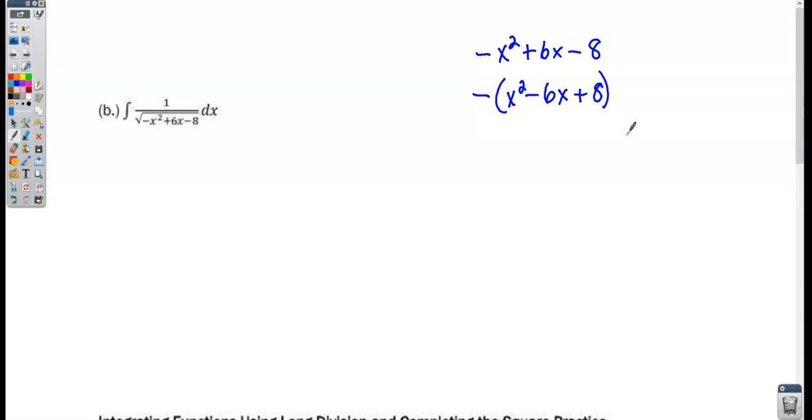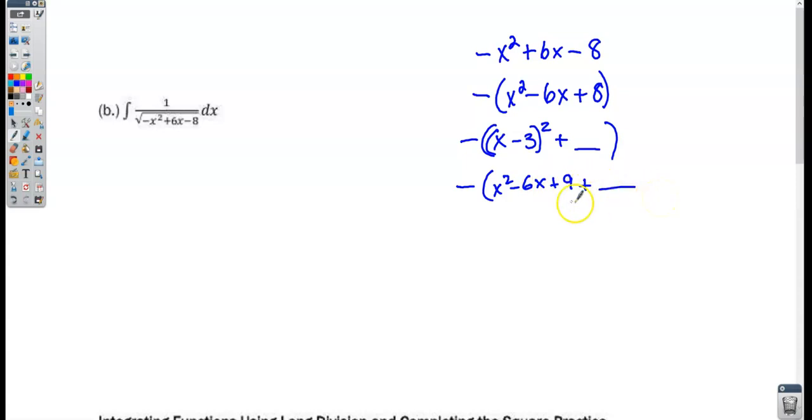Okay, and we would like this expression to turn into x minus 3, the quantity squared, plus some currently unknown value. And so we've got negative, and when we expand this out, that's x squared minus 6x plus 9.